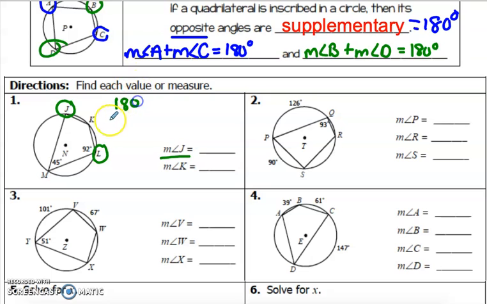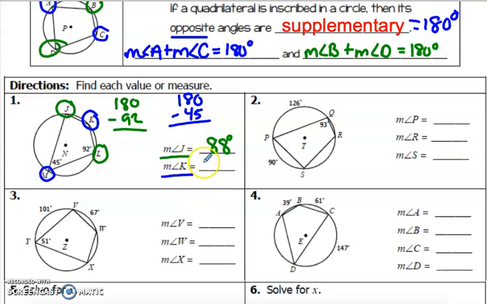So 180 take away 92 will give me the measurement of J, which is 88 degrees. Then if I'm trying to find the measure of K, the angle opposite of K is M, and I know these two are supplementary. So 180 take away 45 gives you the measure of 135 degrees. Ta-da!